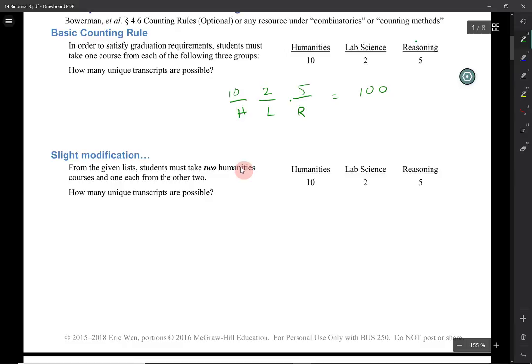Modified: take 2 humanities courses and one from each of the other 2. So you have to take 2 humanities courses. So you have humanities course 1, humanities course 2. Those are the different stages. You have to take the lab and the reasoning. So the lab and the reasoning didn't change, right? The first choice didn't change. And now you realize you cannot take the same course and receive credit for it on your transcript, right?